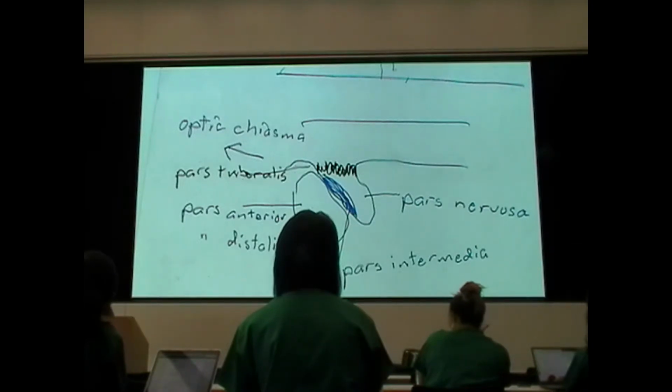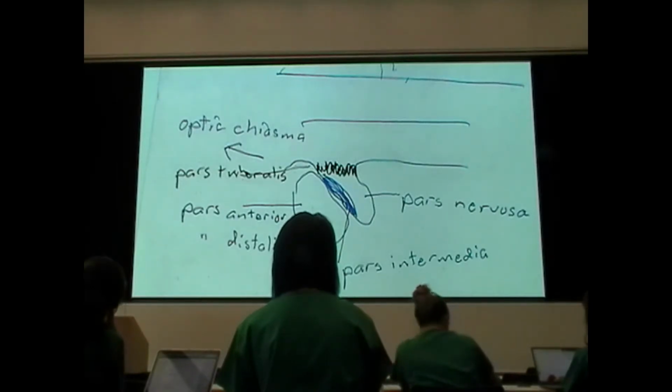Now, suppose the metaphysis has stopped working, it's lost its sensitivity, and a tumor occurs in those cells that make growth hormone.